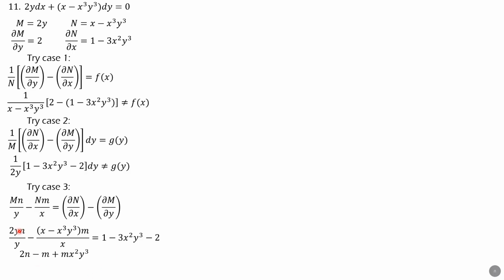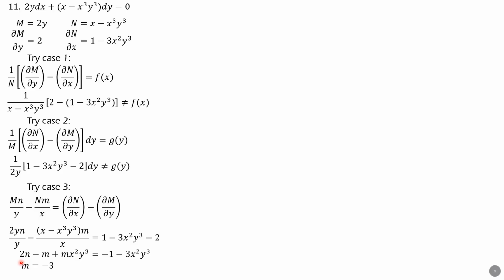So 2n simplified, cancel y, then distribute. Mx over x is m, so minus m minus m x cubed y cubed over x, so that's plus m x squared y cubed, then equals negative 1 minus 3x squared y cubed. So equating coefficients of like terms, m is negative 3.